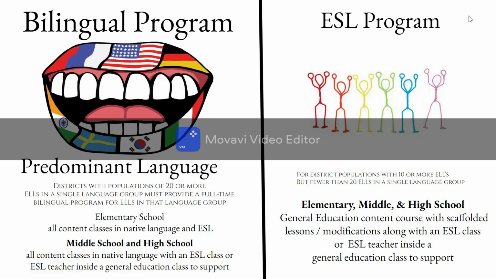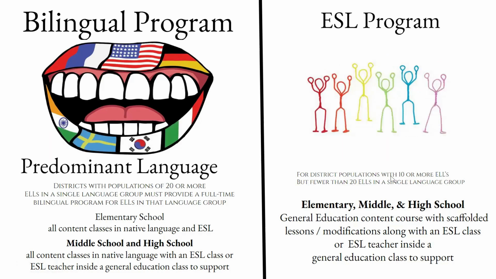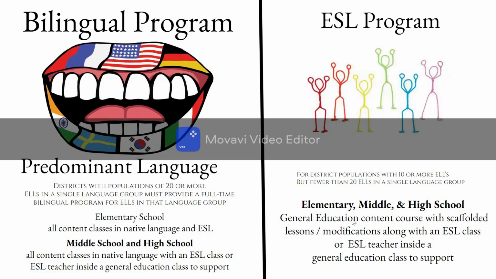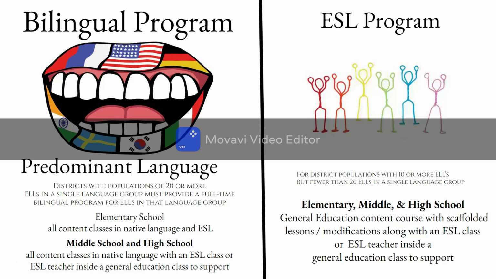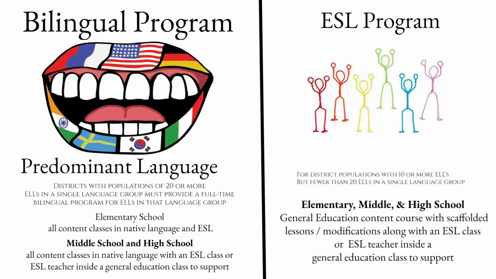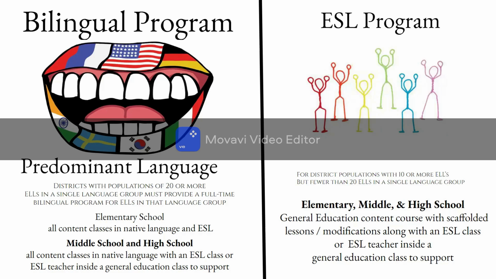When you have an ESL program, you have more than 10 and fewer than 20 students that need the service, based on the screener and the home language surveys. You provide general education content courses, but you ensure that the general education teachers are trained in SIOP so they know how to scaffold and modify their lessons so that ESL students can be successful in a general education setting.